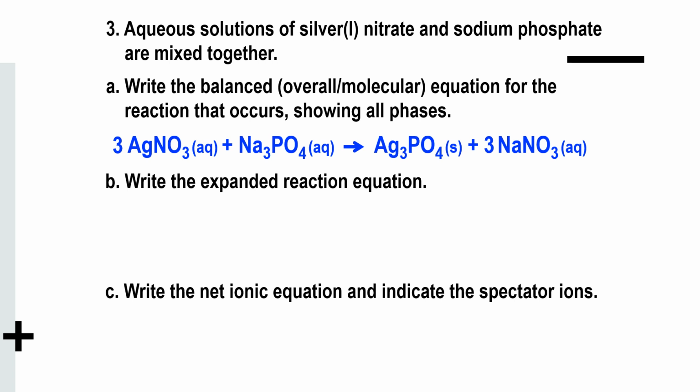Okay, so now let's write the expanded reaction, which is our expanded ionic equation. Remember, whenever we separate our cations and anions, the quantity of the 3, or whatever number that is, carries with our cations and anions.